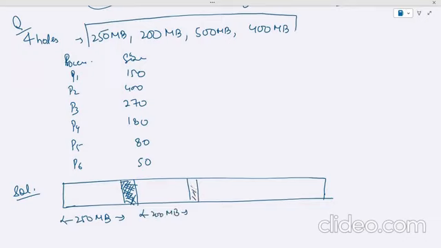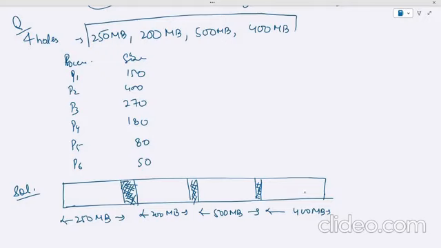Then again an already filled block. Then this part is 500 MB, and this part is 400 MB. So we have these four parts.